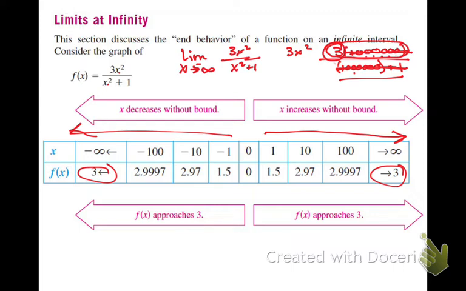Well, I'm squaring it, yes? So is the same exact thing going to happen? Yeah, because I'm squaring them. So both of these things as we approach negative and positive infinity are both approaching 3, and that's how. I didn't have to do the math, I just had to think about what was happening.